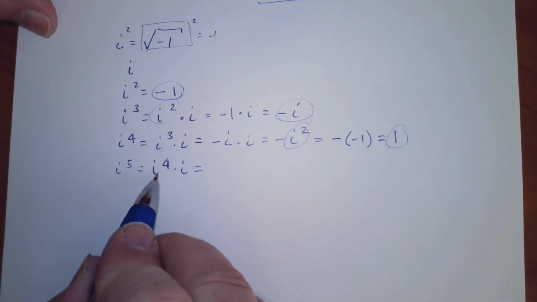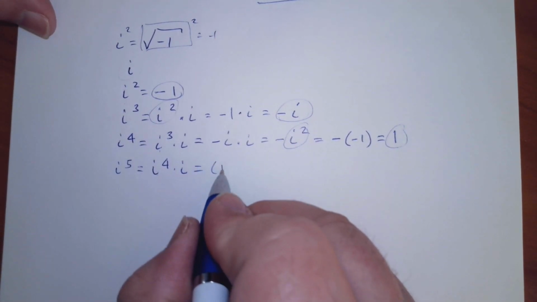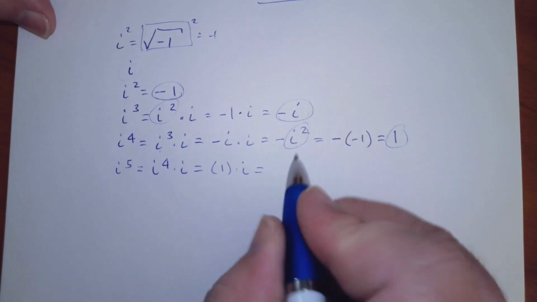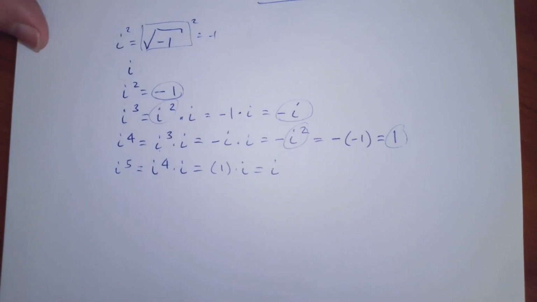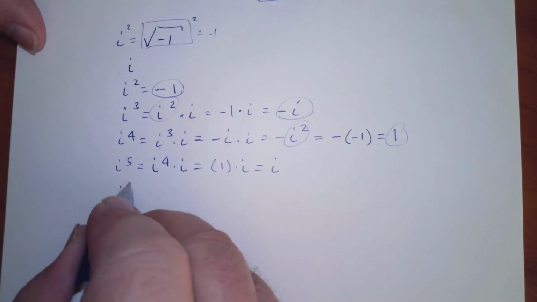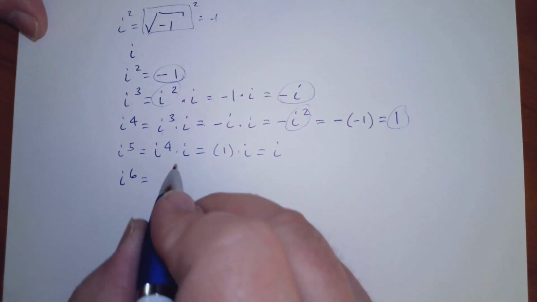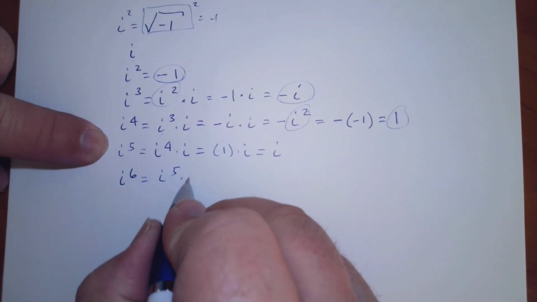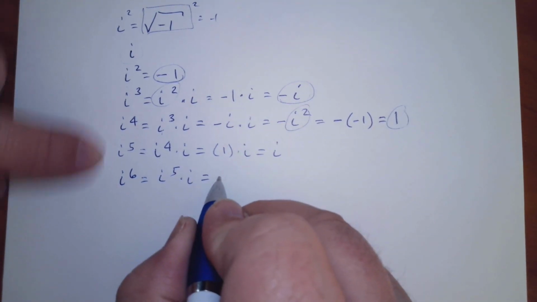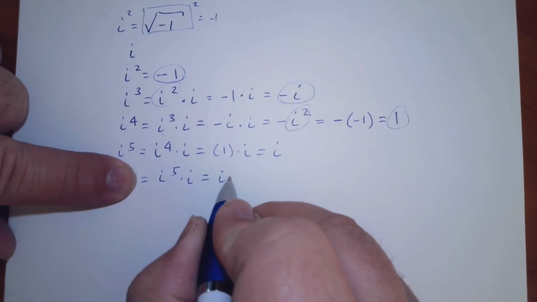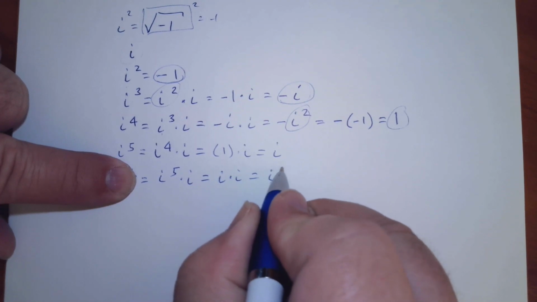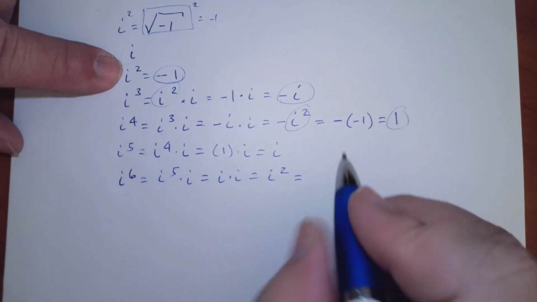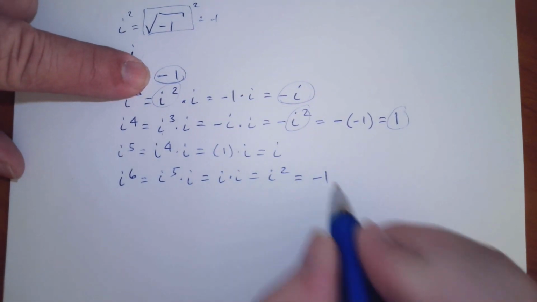What is i to the fourth? 1. Times i, times 1 is i. i to the 6th is the previous one, i to the 5th, times i. So i times i is i squared, and we know i squared is negative 1.